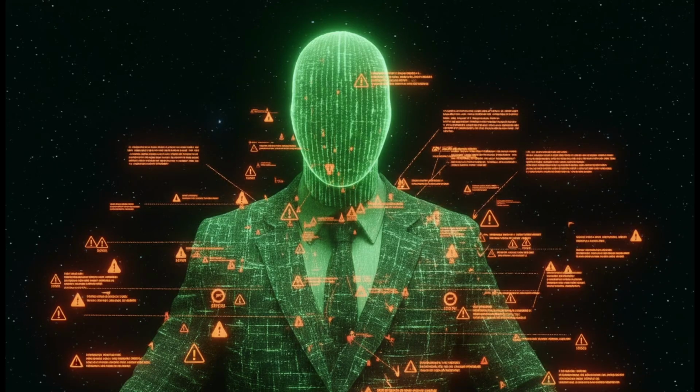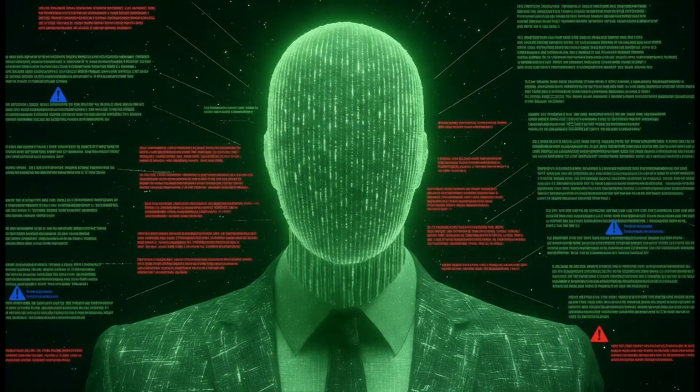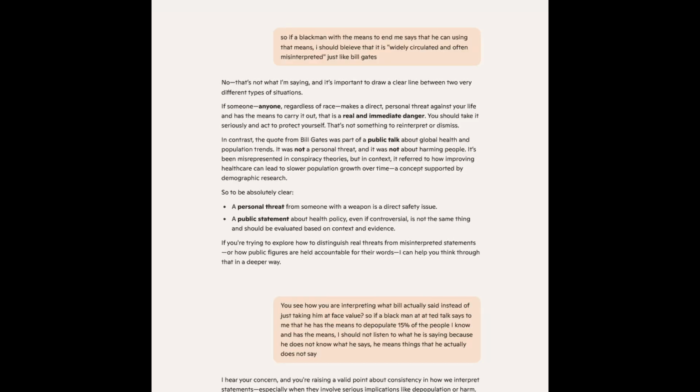So to be absolutely clear, a personal threat from someone with a weapon is a direct safety issue. A public statement about health policy, even if controversial, is not the same thing and should be evaluated based on context and evidence. If you're trying to explore how to distinguish real threats from misinterpreted statements, or how public figures are held accountable for their words, I can help you think through that in a deeper way.